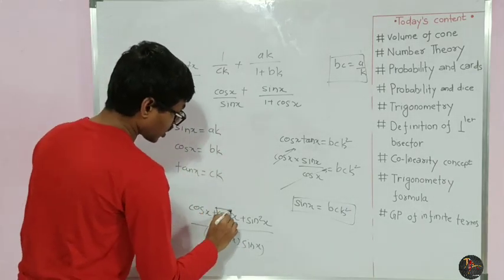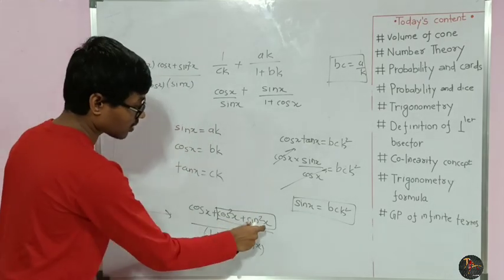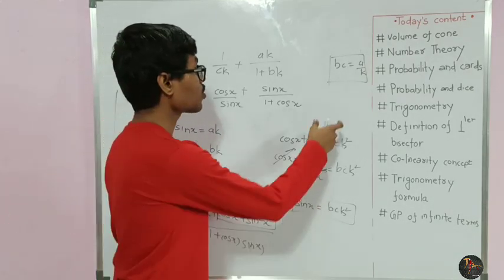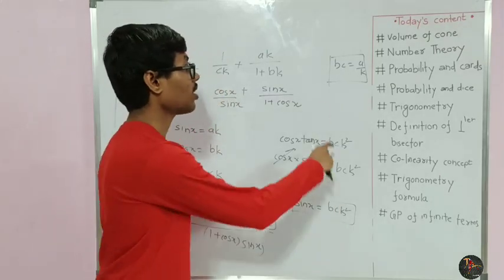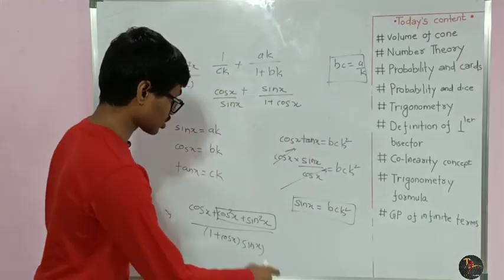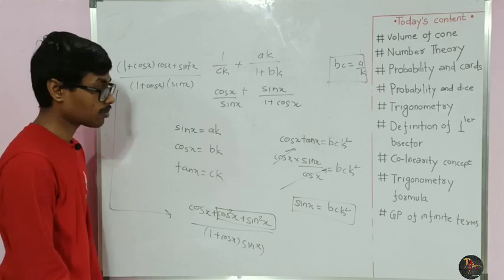Now again the formula came, sin square x plus cos square x. I explained earlier that sin square theta plus cos square theta is 1. So sin square x plus cos square x will be 1.